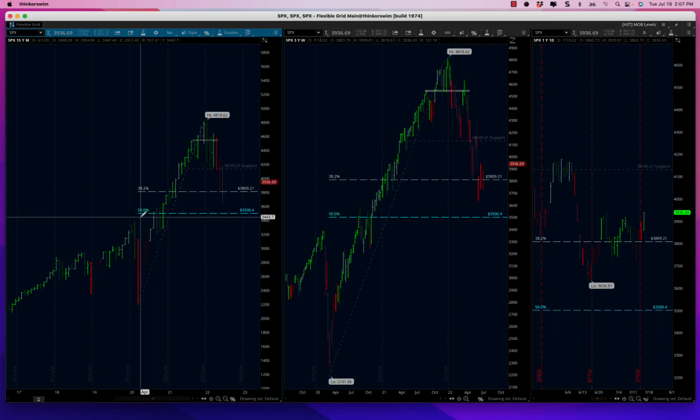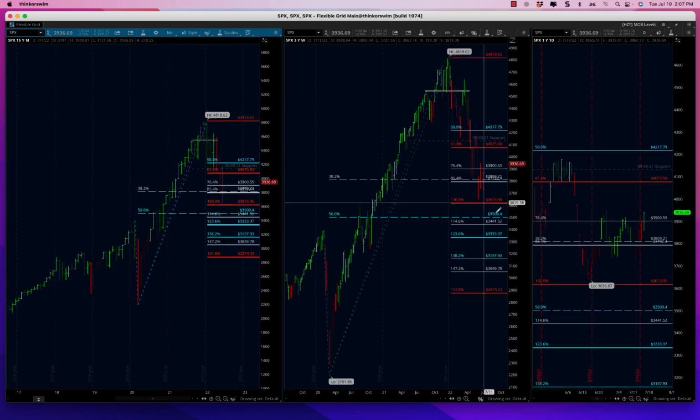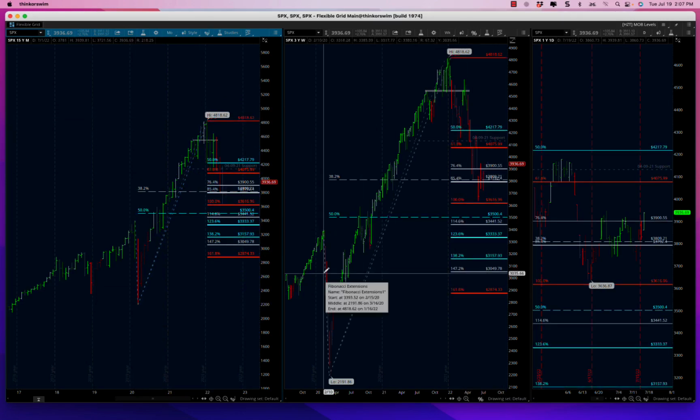If I use the concept of, okay, so now I'm starting to introduce a second layer in which the market could potentially identify pullback zones, right?